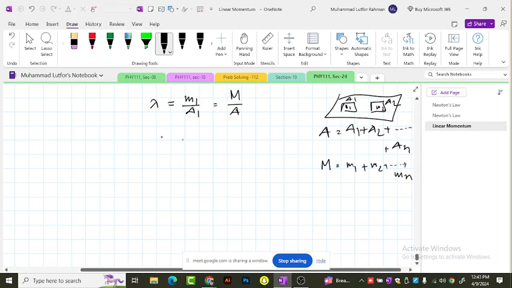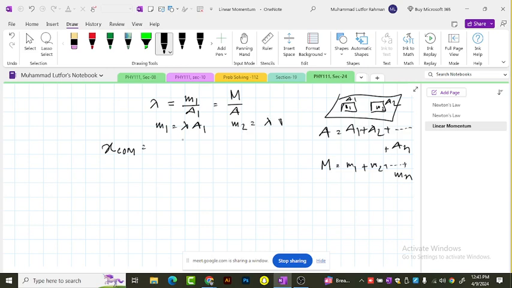So that means I can write in that case this xcom equation was m1. Look at this, from m1 I can write lambda into a1, right, and the same way m2 would be lambda into a2, because you are taking m2 divided by a2 and so on.